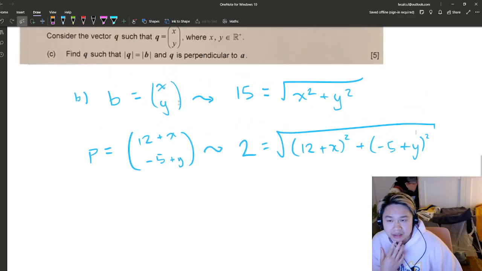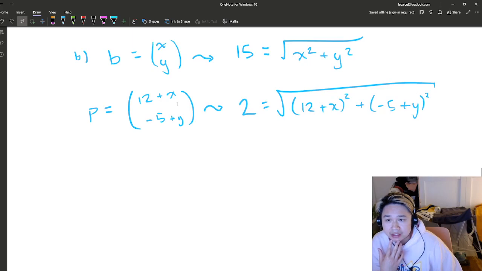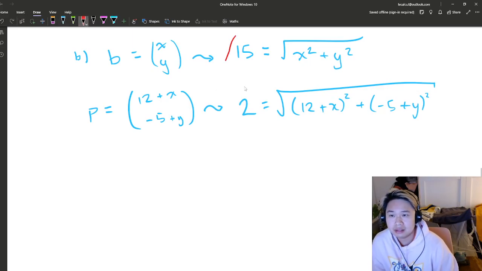So we have a system, so I guess I'm going to solve it. Both of these are disgustingly ugly, so I'm just going to square both of these so that I don't have a square root.